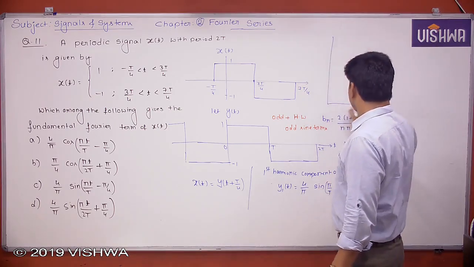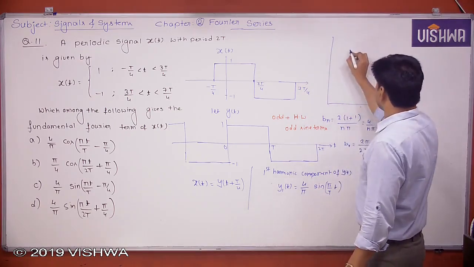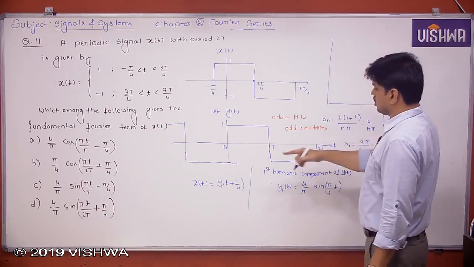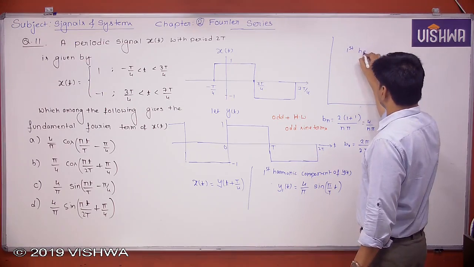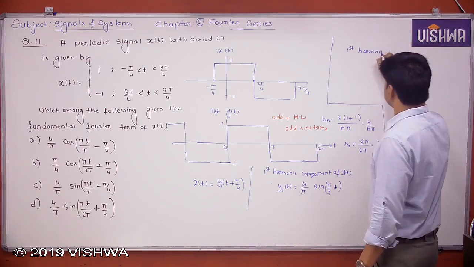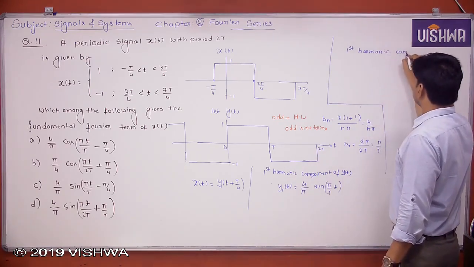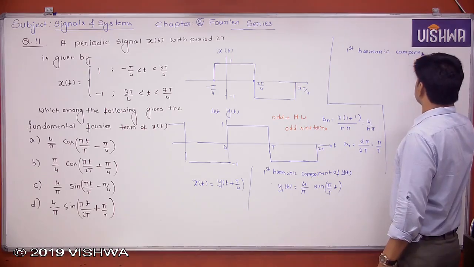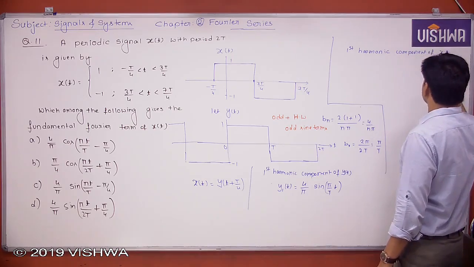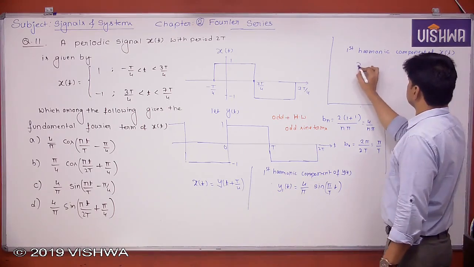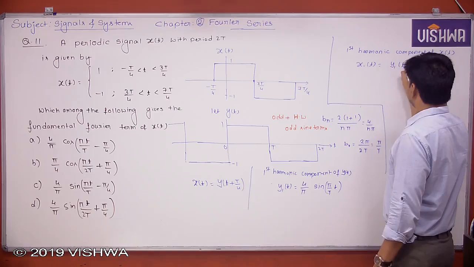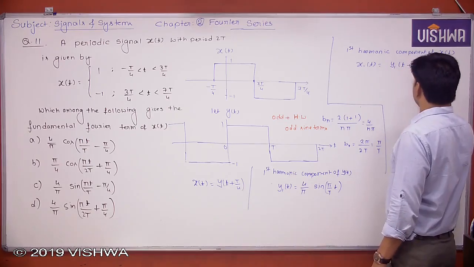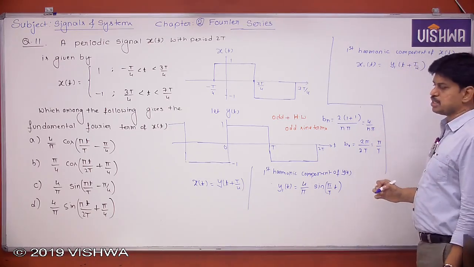Once we know the fundamental component y1 of t, can you find out the fundamental component of x of t? That is the first harmonic component of x of t. That is x1 of t is equal to y1 of t plus T by 4. So in place of t, we have to place t plus T by 4.